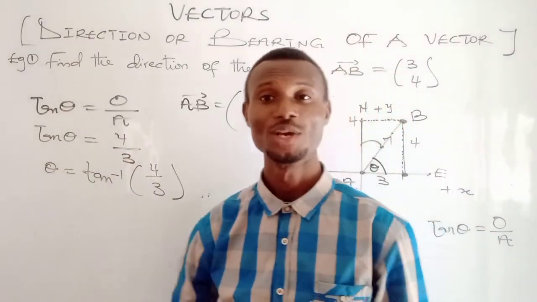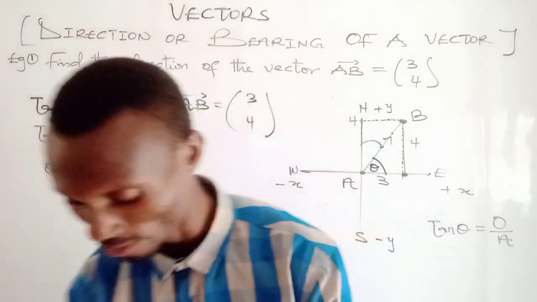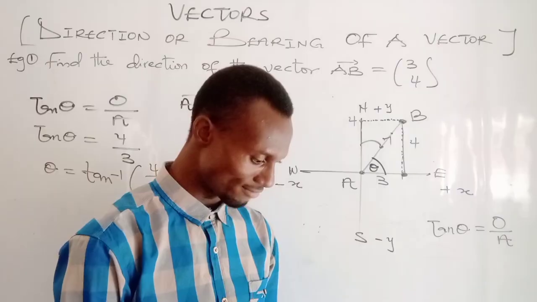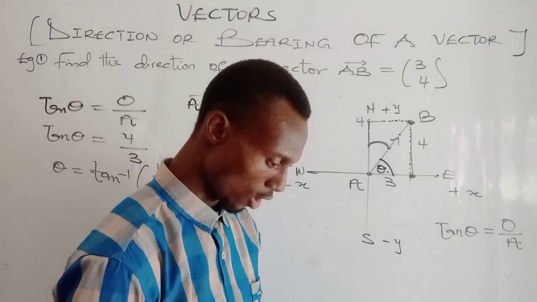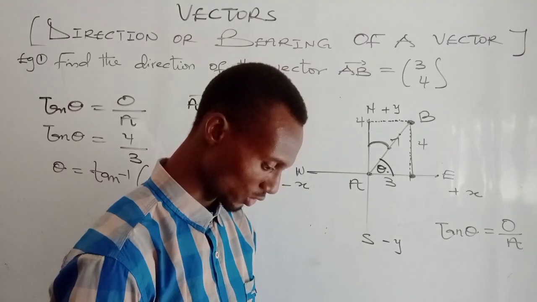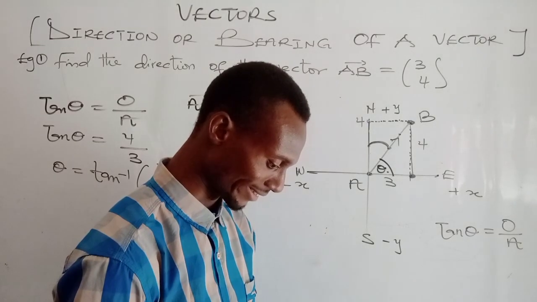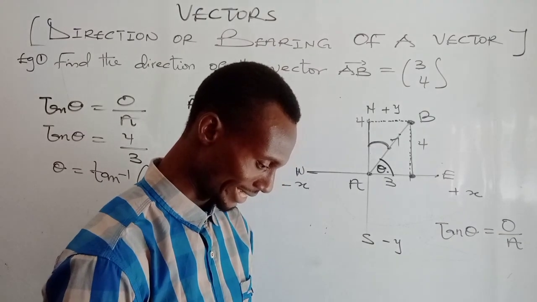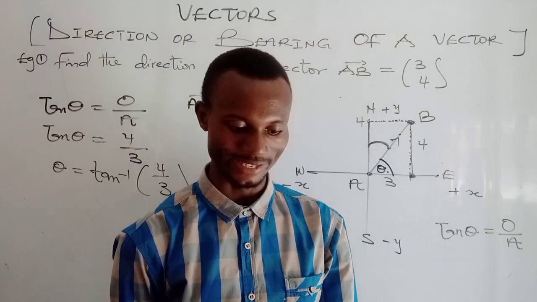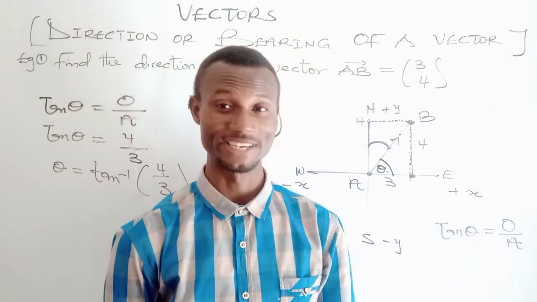And from here, you need to use your calculator to get the value. So let me use the calculator and let's look at the value. Tan inverse of 4 over 3, and it's giving me 53.1301023 degrees.